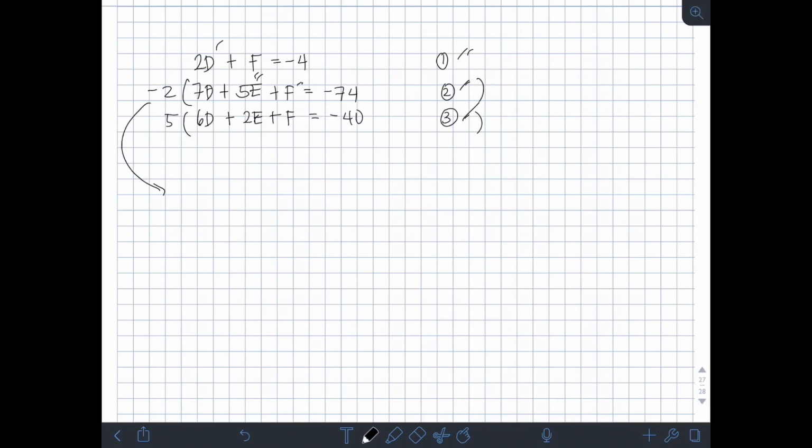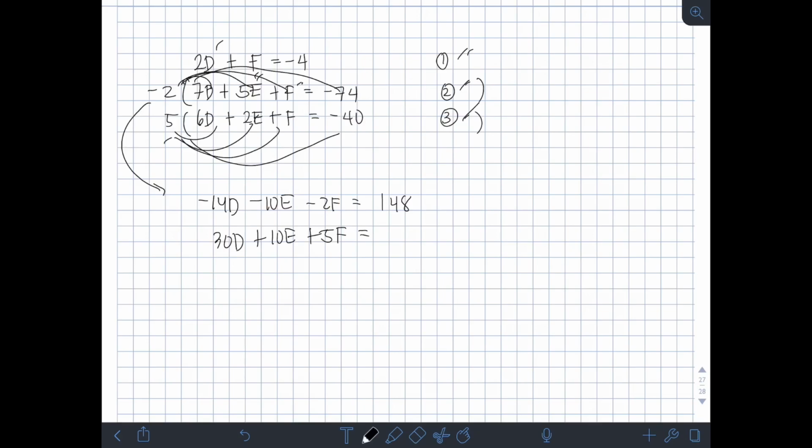Okay? So, therefore, itong bagong equation 2 will be, distribute si negative 2, we have −14D − 10E − 2F = negative 2 times negative 74 is positive 148. And then dito naman sa equation 3, multiply by 5, distribute. So we have 30D + 10E + 5F = 5 times negative 40 is negative 200.